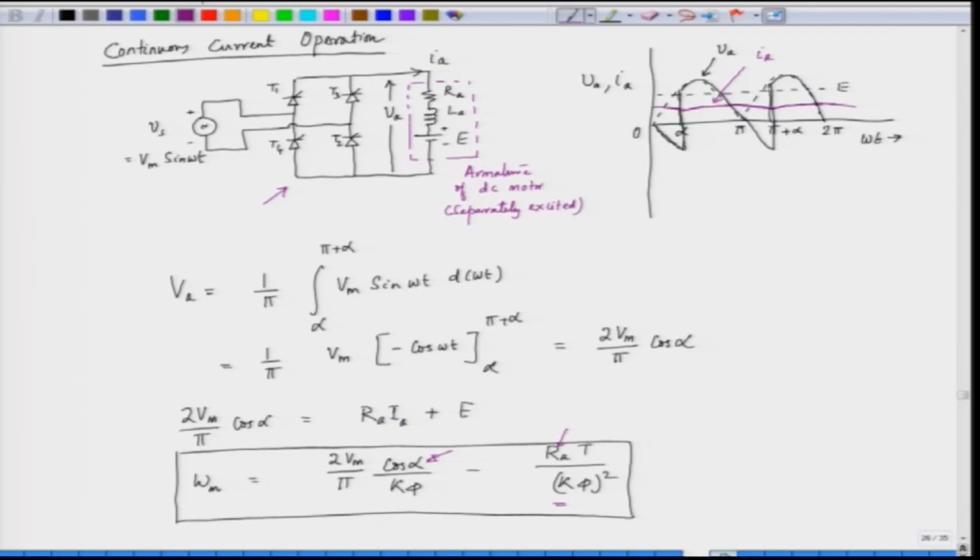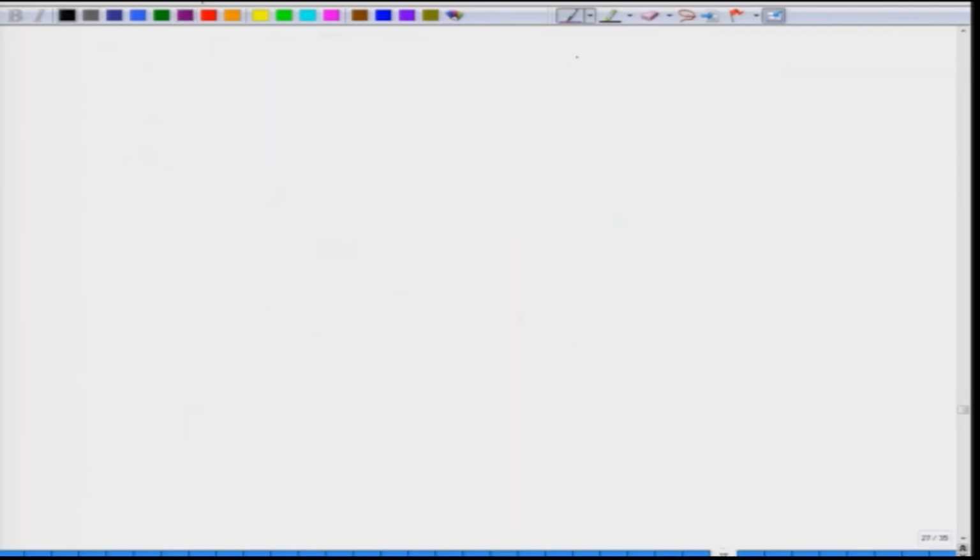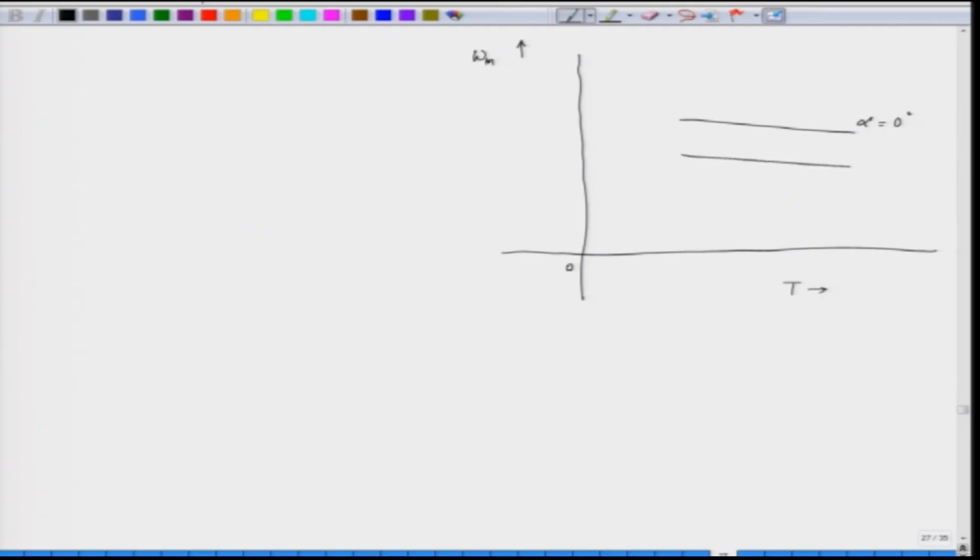So, let us plot this torque speed characteristic, taking the speed on the y axis and torque on the x axis, for various values of alpha: alpha equal to 0 degree, alpha equal to 30 degree, alpha equal to 60 degree, and then we can also plot alpha 90 degree.